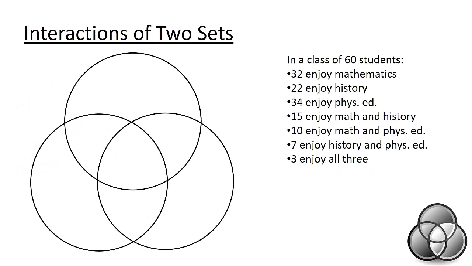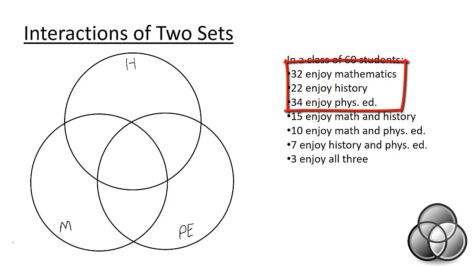How might we tackle a problem involving 3 sets? Take a moment to pause the video and read the question. First, let's label our sets. Let's say M is for mathematics, H is for history, and PE is for phys ed, or physical education.